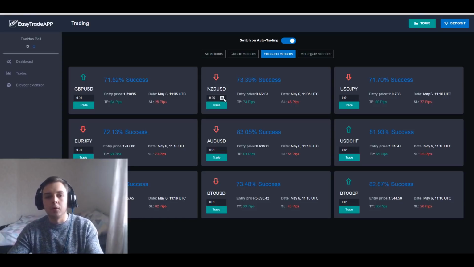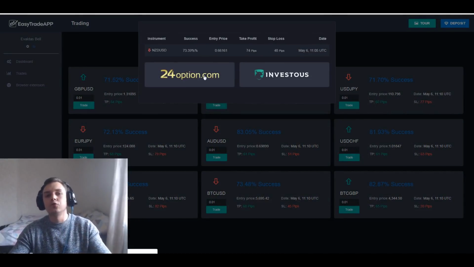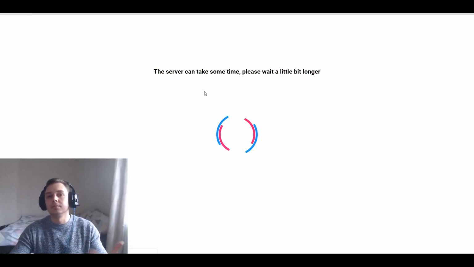Let's do 0.25 this time. No, let's do 0.30 actually, because I'm more confident in this trade because it has a bigger SL and we won't get kicked out from the market too quickly. So NZD USD 0.30, we click trade, 24 Option, or investors, whichever you choose.